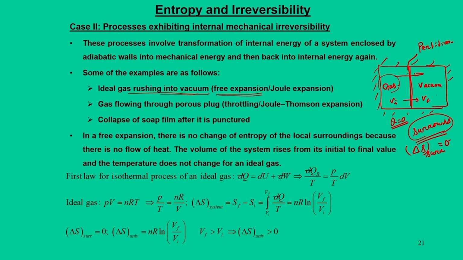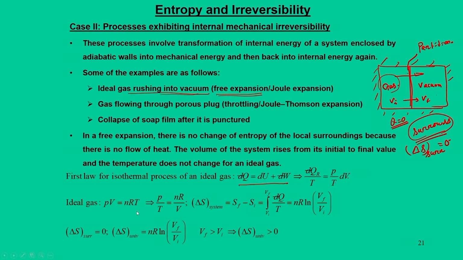Because of this, we can revisit our basic equation, dq is equal to du plus dw. Dividing by T, dqr by T is equal to p by T into dv, because du is also 0 here.